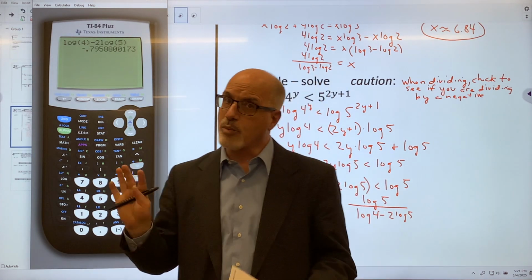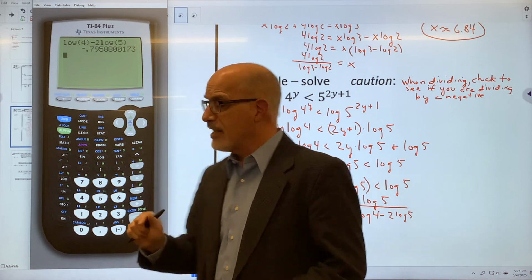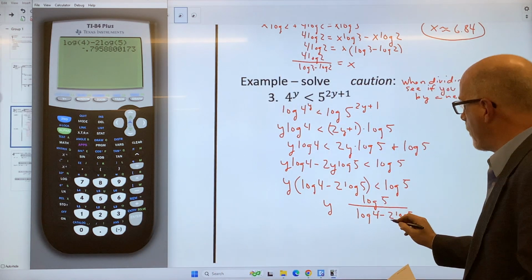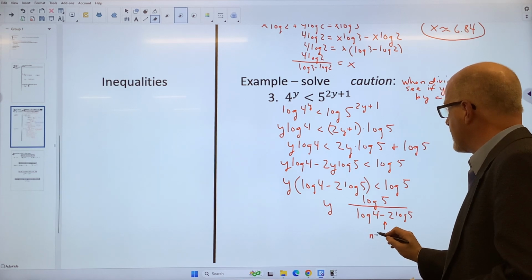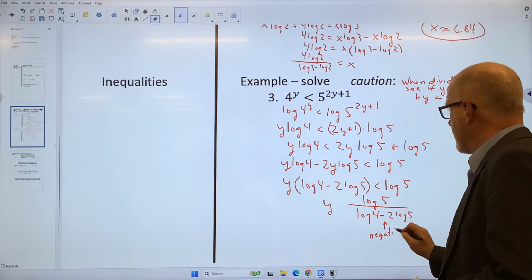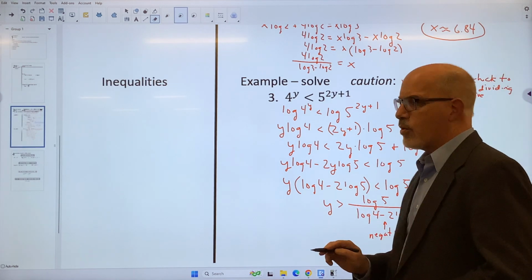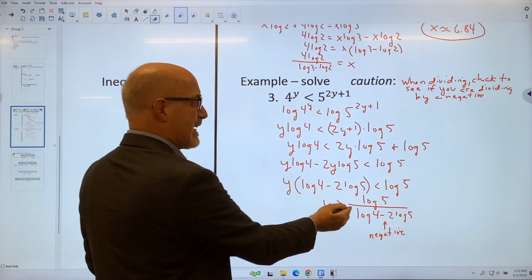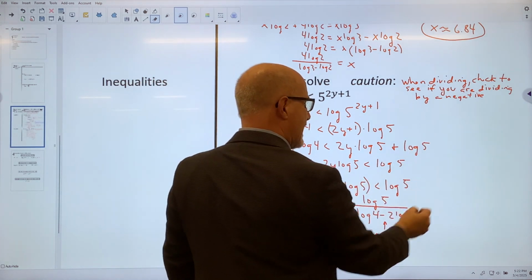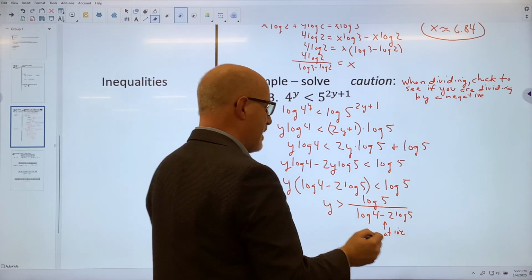You don't have to write it down, but we have to acknowledge that that's a negative. So I am going to write it here just so that we see why. This is a negative. So when I divide by it, I've got to flip my inequality. Just to recognize that by calculating this, I get a negative, that's going to flip the inequality. So this is going to be my answer here.